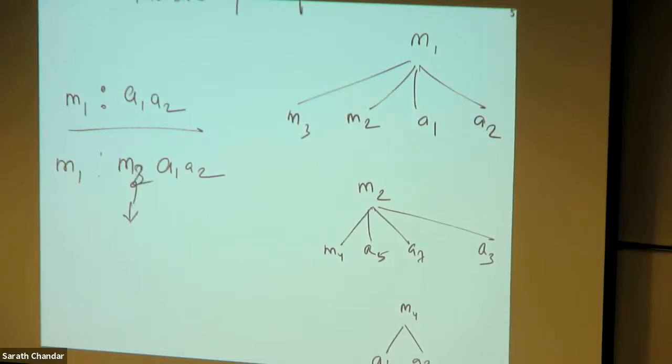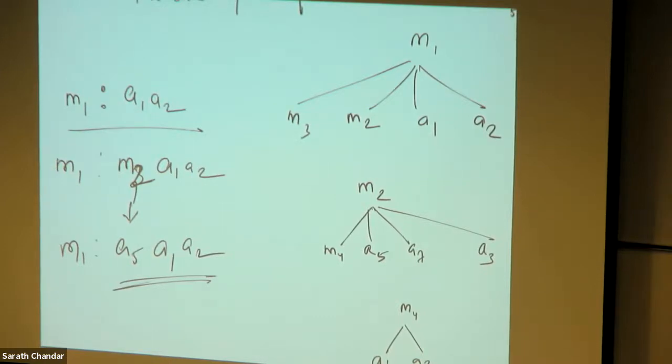Let's say M2 picks A5, for example. Then we will substitute M2 with A5. So my macro action 1 is going to take A5, A1, A2. And you can see that A5 was not even a primitive option available for M1, but it was one level deep. So now we can actually have this hierarchy of options, or macro actions.